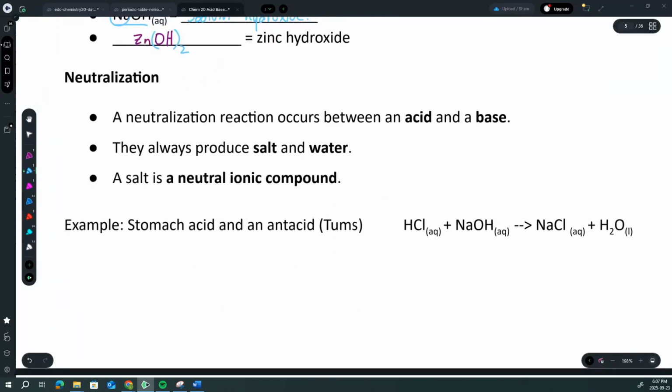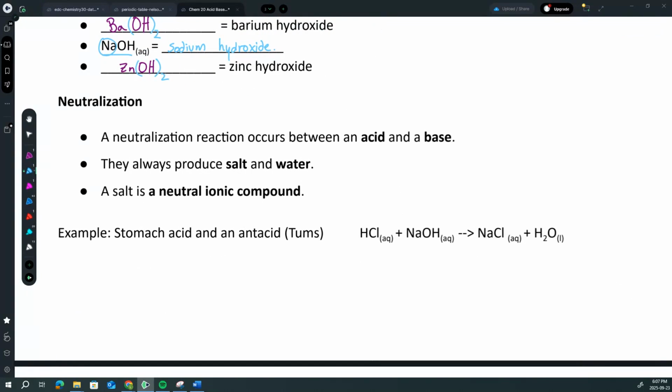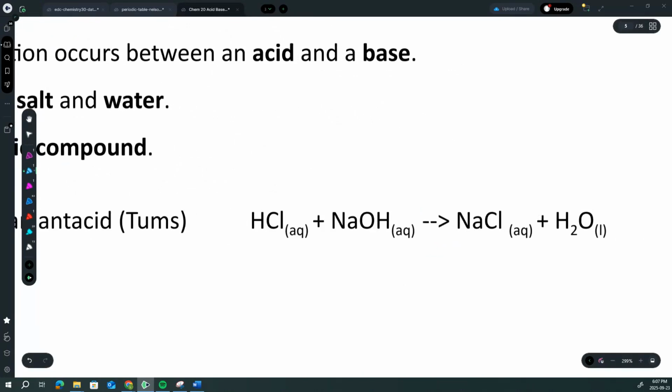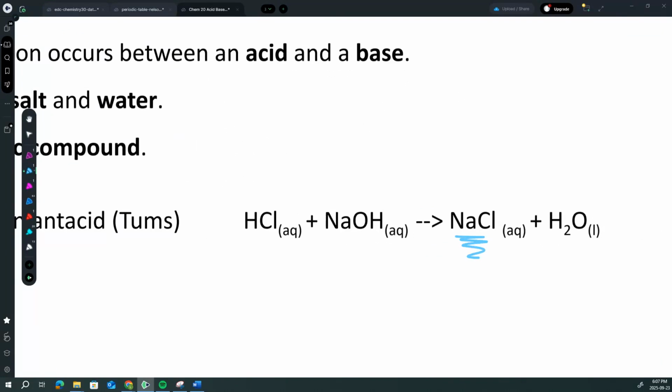So for example, if we have stomach acid reacting with some sort of antacid, for example Tums, so HCl, hydrochloric acid, that's representing our stomach acid, and sodium hydroxide is representing Tums. When those react together, it's called a neutralization reaction, and this is our salt, a neutral ionic compound, and then we also have water being produced.